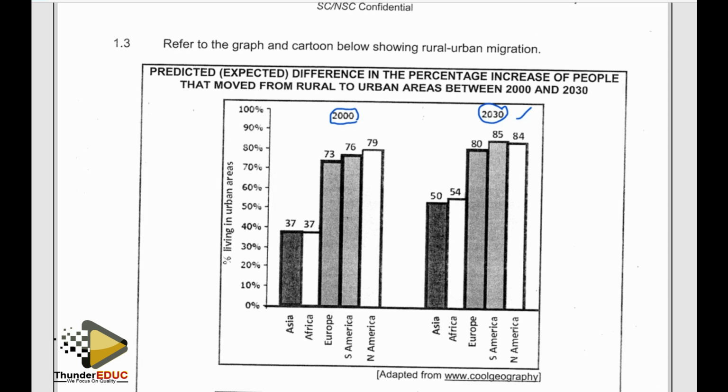The difference here is just 7%. South America 76 and 85, which is a difference of positive 9. Then we look at North America from 79 to 84, which is a percentage increase of 5%.